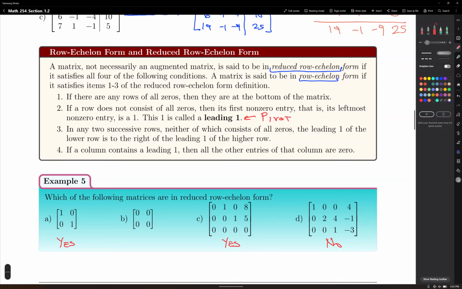What's going to make it a reduced row echelon form? We have leading ones, right? So if we have leading ones to the leftmost, well, then it's in reduced row echelon form. But you don't see the leading ones, right? Okay, here's the analogy for this to call it a yes.